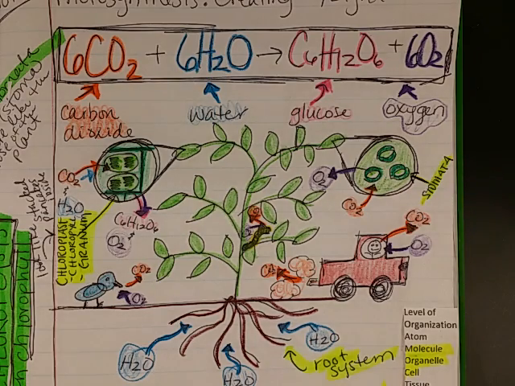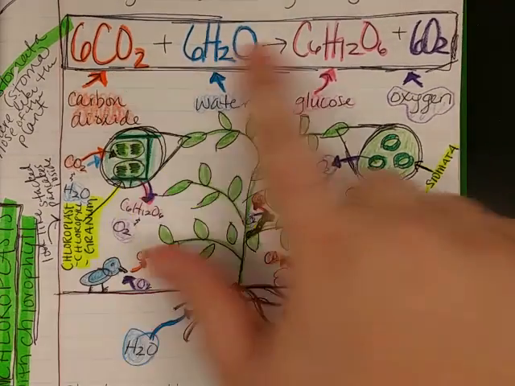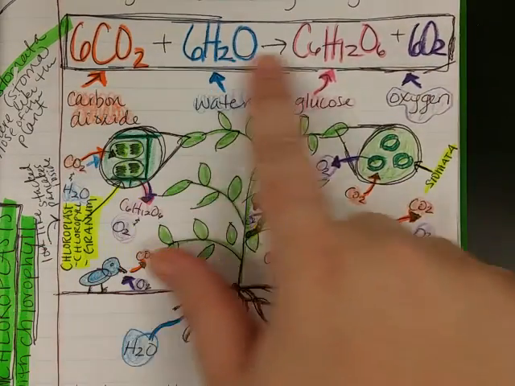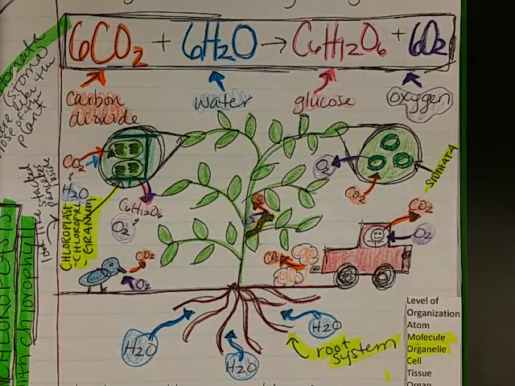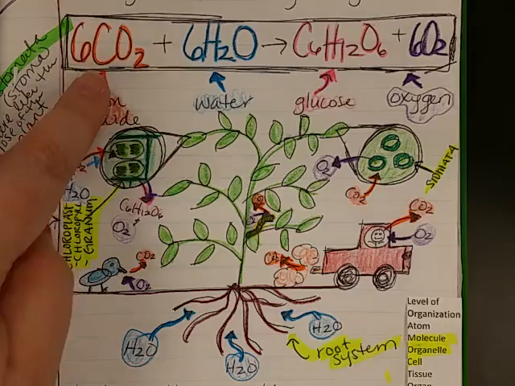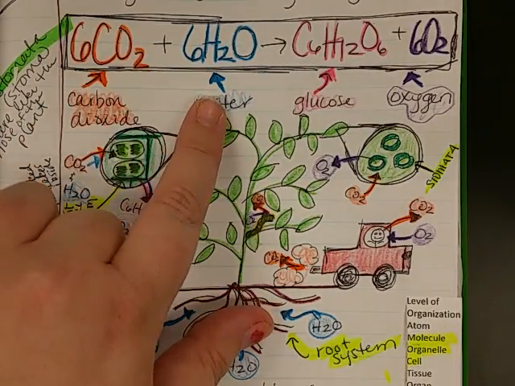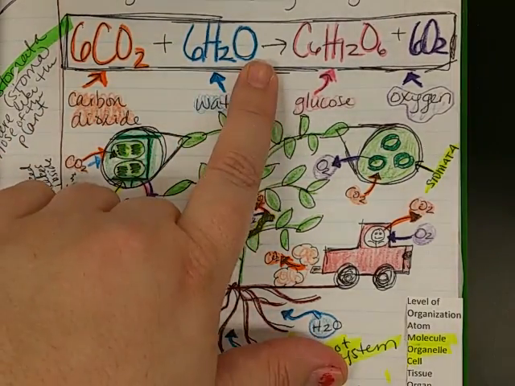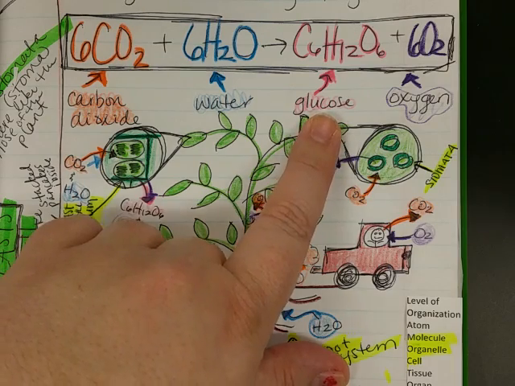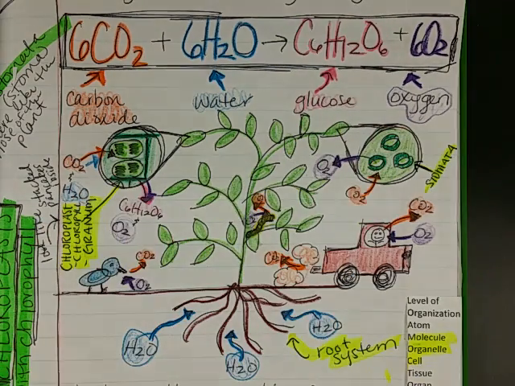So photosynthesis, this is the balanced chemical equation for photosynthesis. 6 carbon dioxide plus 6 water yield 1 glucose and 6 oxygen molecules.